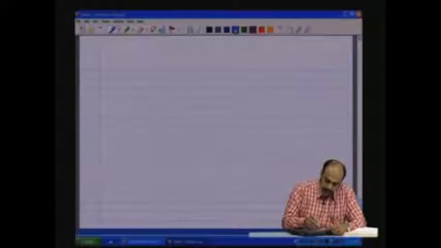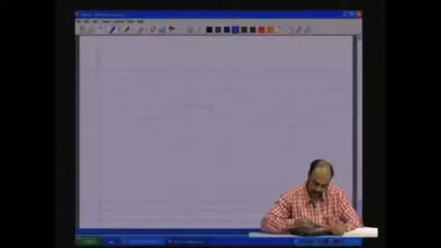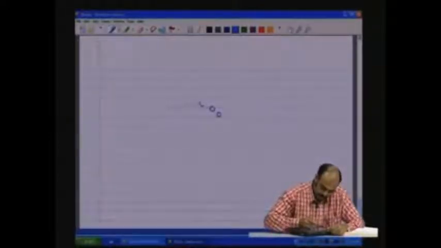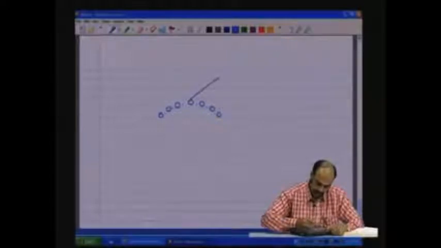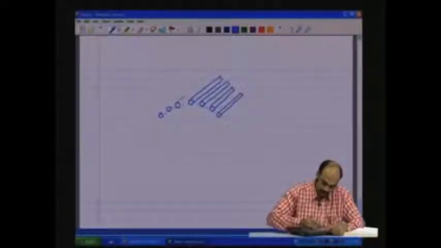So, you see that we have some conductors of the rotor, these are conductors of the rotor, and of course, these conductors go back this way. And so on.